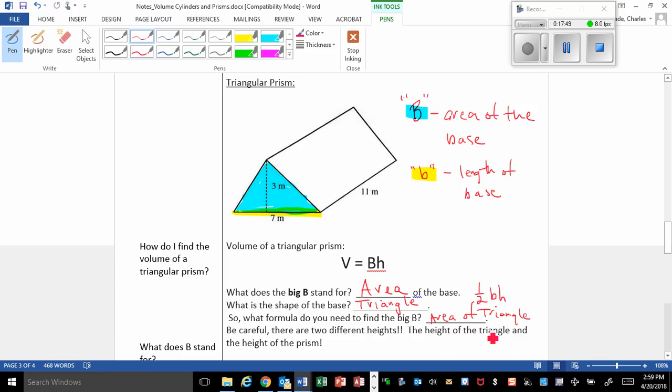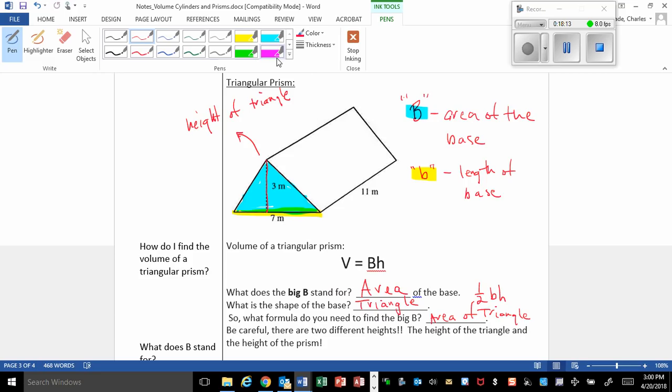Triangular prism heights. The height of the triangle, and the height of the prism. This, okay, that is the height of the triangle.